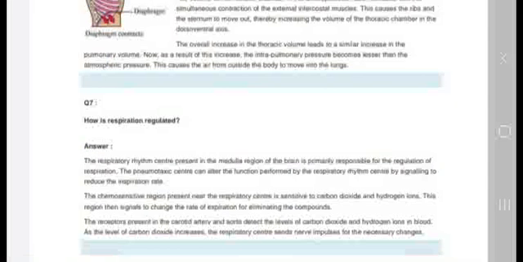Next, how is respiration regulated? The respiratory rhythm center present in the medulla region of the brain is primarily responsible for the regulation of respiration, and the pneumotaxic center can alter the function performed by the respiratory rhythm center by signaling to reduce the respiration rate.